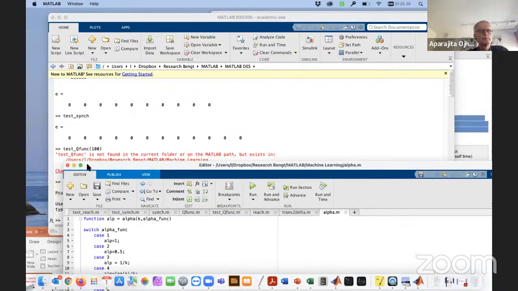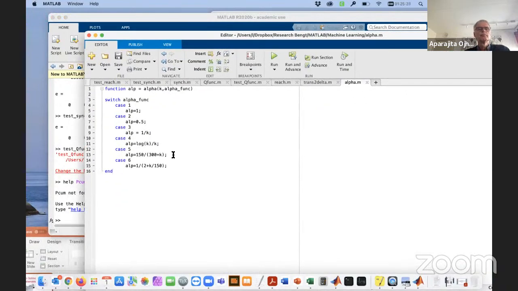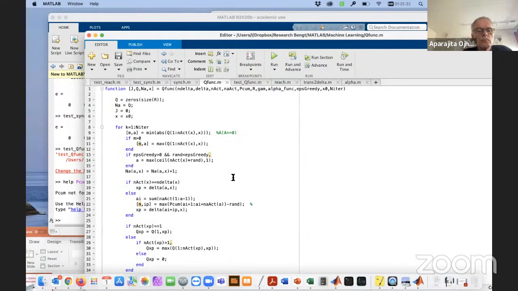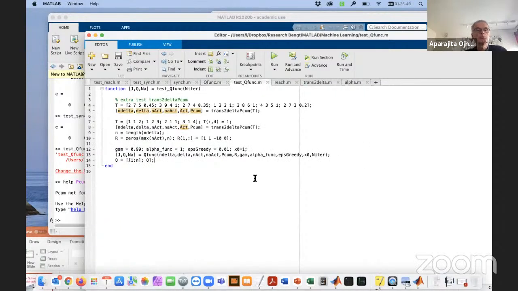No. No, okay, sorry. PQM here is an input. So that is something that should be generated in test queue.